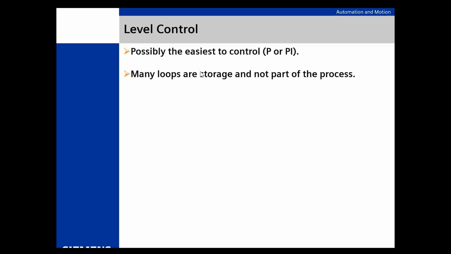All right, level control. That's as easy as it gets. If it's not part of the process, if there's a 5,000 gallon tank and it's full of fuel oil, oh, come on. I can do that with a PI, whatever. It's not critical. I just don't want to run the tank over, and I kind of want to know what the level is. There you go.